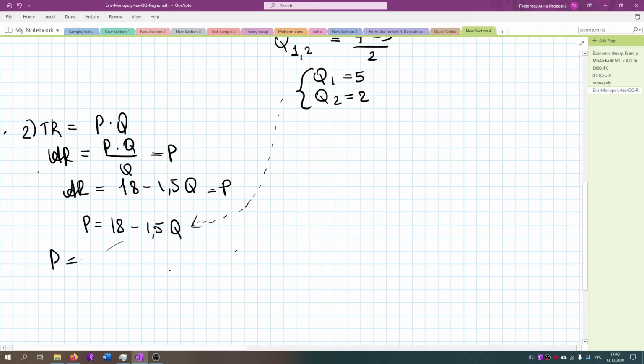So P is equal to 18 minus 15 divided by 10 multiplied by 5, and we receive 10.5.